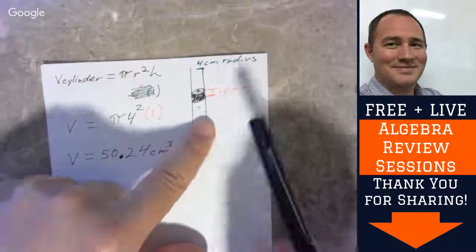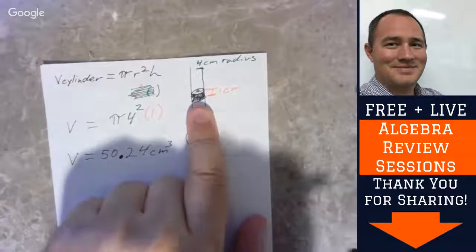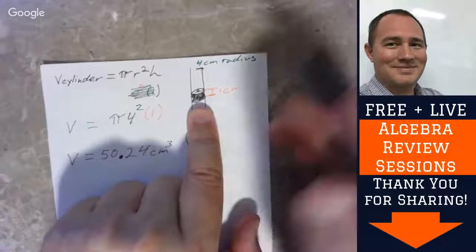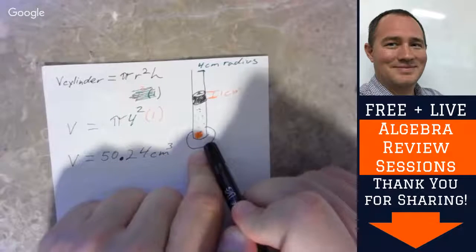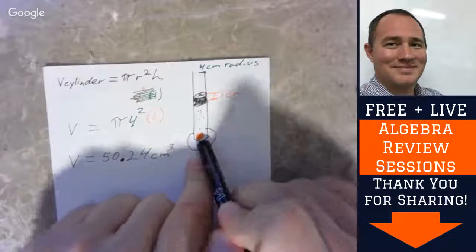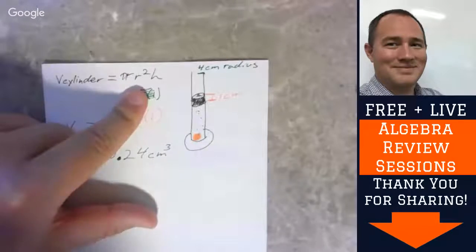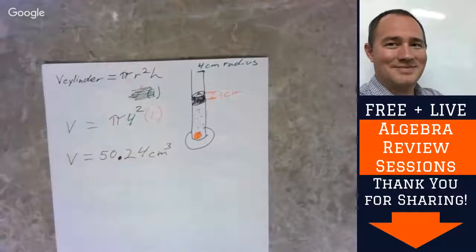So if we were able to find the volume of this little cylinder here, that would be the same amount of water displaced, or whatever type of liquid was in there. And that was able to help us find the actual volume of the sphere or marble that we dropped in here as well. So volume of a cylinder is talking about how much is inside, like how much we could fill it with.